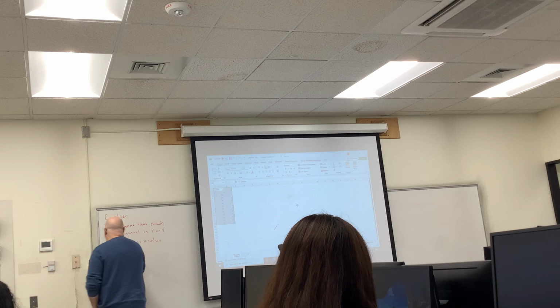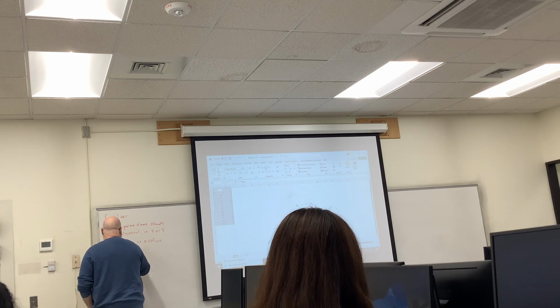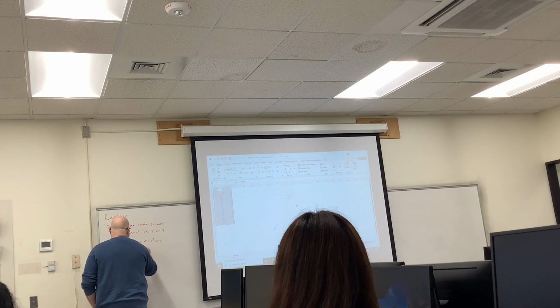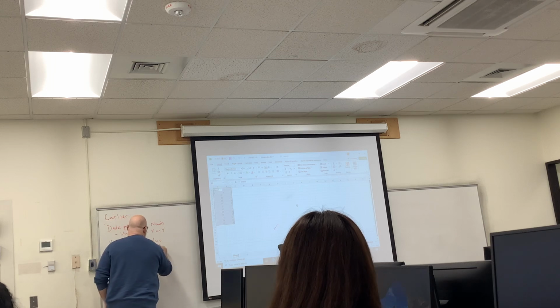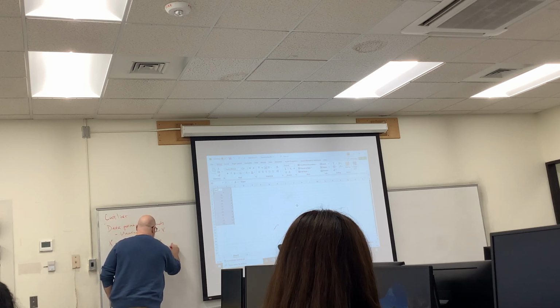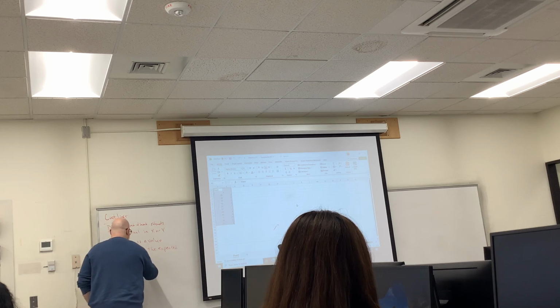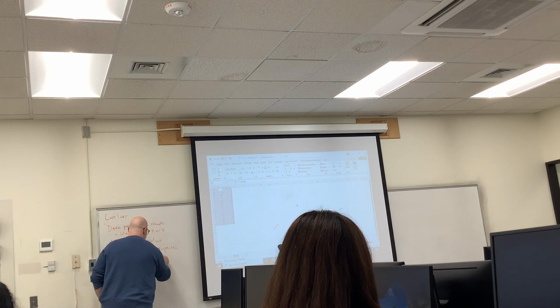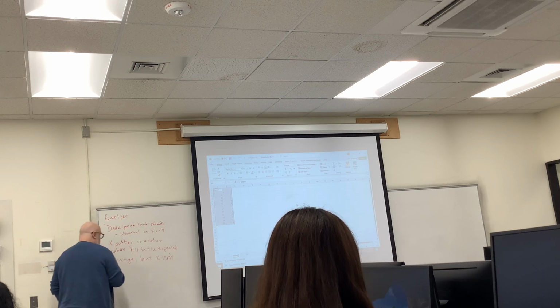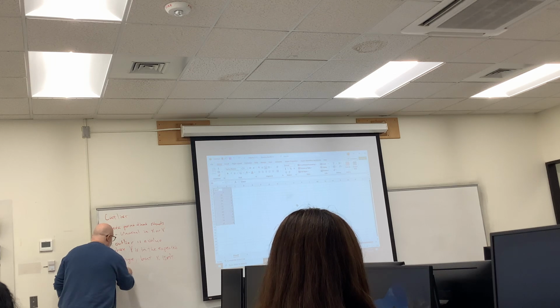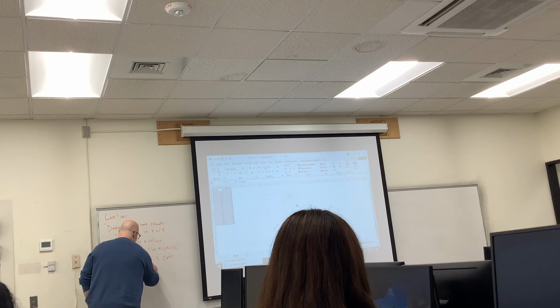Is a value where Y is in the expected range, but X isn't. What do I mean by this? Like, you have your X range, you see like all your values of X are between, say, 50 and 100.